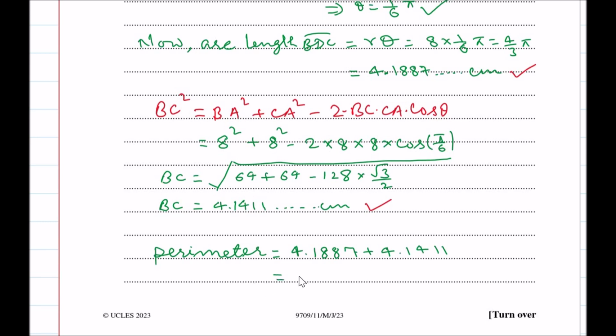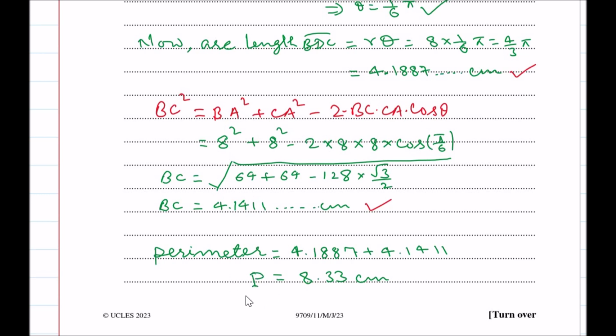So this gives us 8.33 in 3SF. If you add, we get 8.33 in 3SF, and this is perimeter, so it will be in centimeter, correct to 3SF.